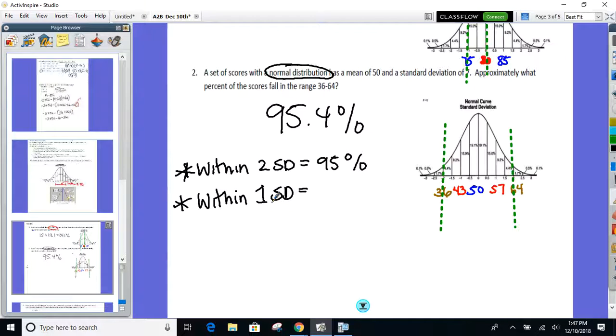What do you got within 1? 68.2. I'm just going to say 68. You may see 68.2, but 68. So 95 and 68 are percents we want to be aware of within 2 and within 1.